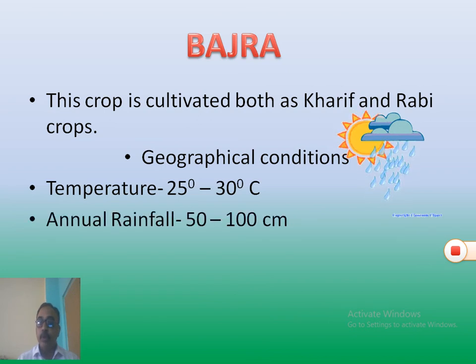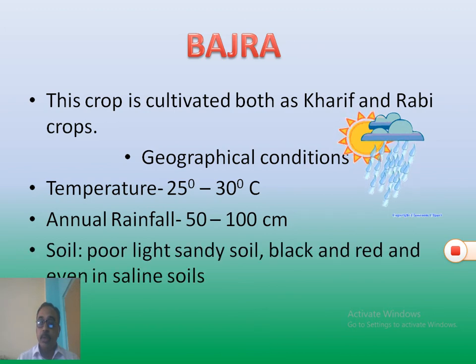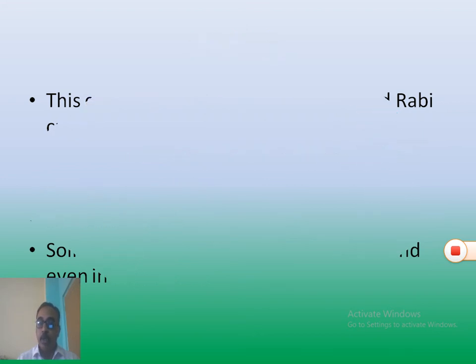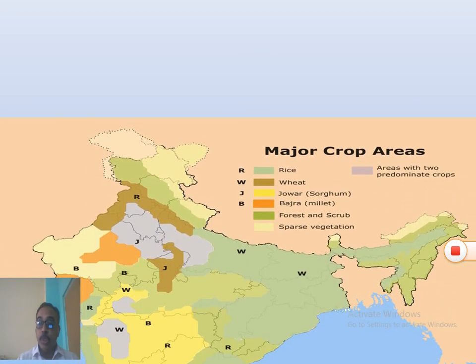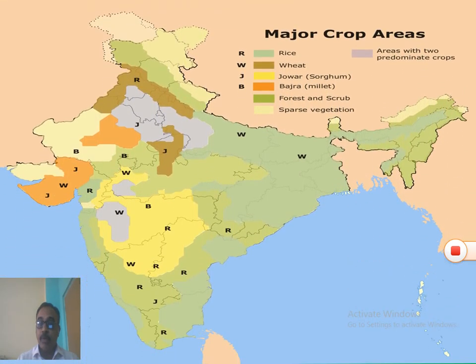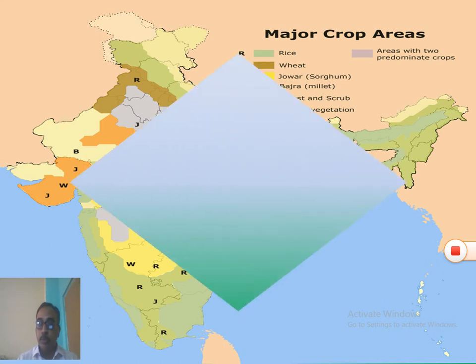Rainfall 50 to 100 centimeter. Soil poor, light, sandy soil, black, red, and even saline soil. So any kind of soil it can be grown. Major areas, you will find bajra in some parts of Gujarat, Rajasthan, because they are very dry, it can be grown in any sort of soil. So in very dry parts of our country, you can see bajra is grown.